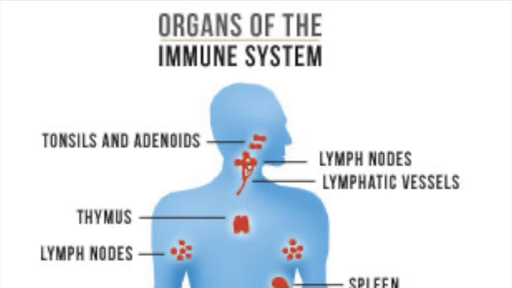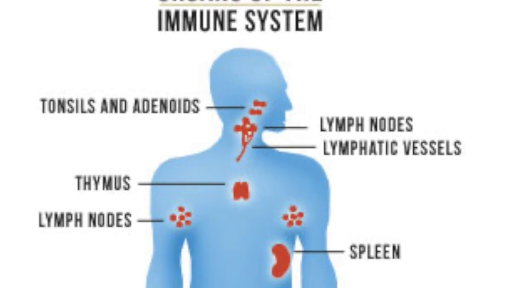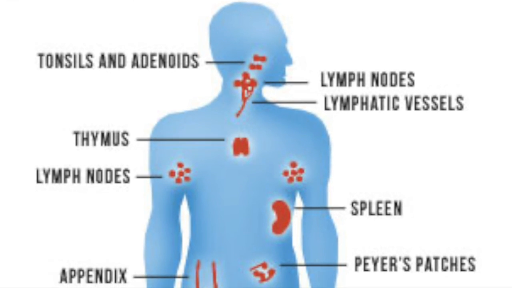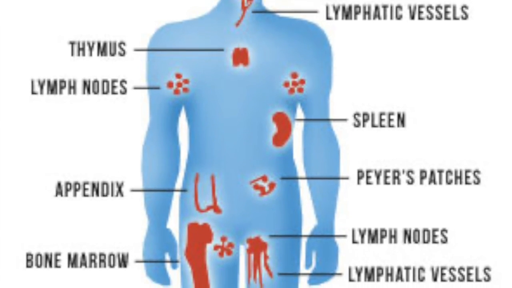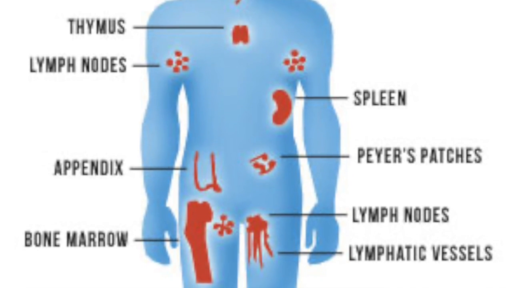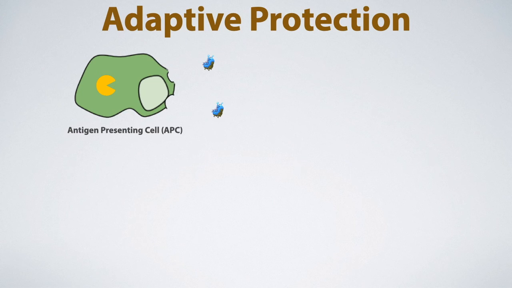There are many organs and cell types that play a role in adaptive immunity, but for the purpose of this video, I'd like to introduce you to just a few. For starters, there are the antigen-presenting cells. The main function of the APCs is to process the antigenic material of a pathogen and present it on the cell's surface to other cells of our immune system called T cells.